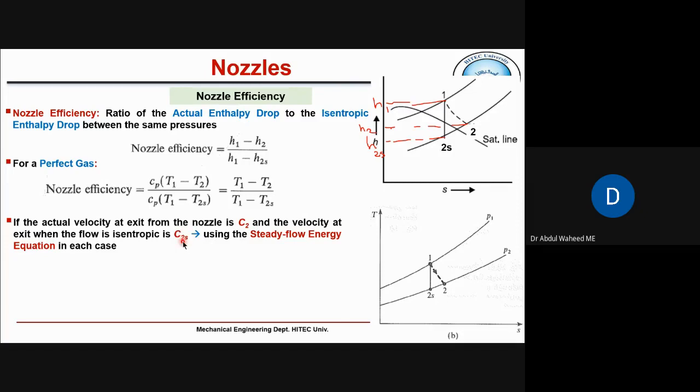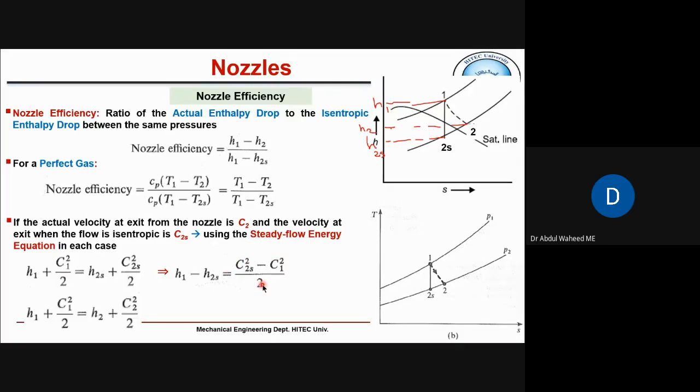And we already know this steady flow energy equation, or first law of thermodynamics for a nozzle, gives us this equation: enthalpy at inlet plus kinetic energy at inlet is equal to enthalpy at exit and kinetic energy at exit. This is for the case of isentropic, because here you see 2s. So from here we can write h1 minus h2s in terms of velocities, which we already know.